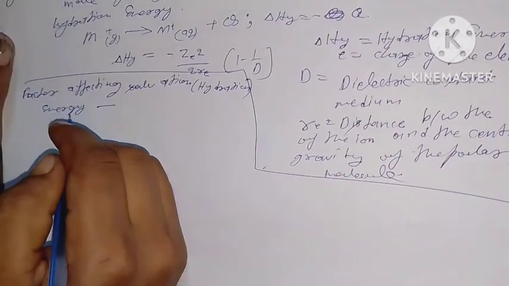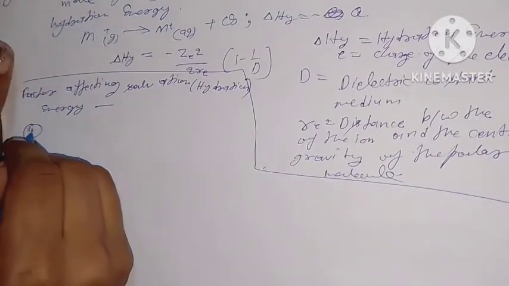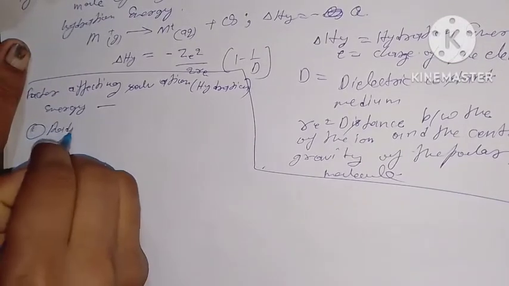These are the factors which affect solvation, hydration energy. First, radii of the ion.